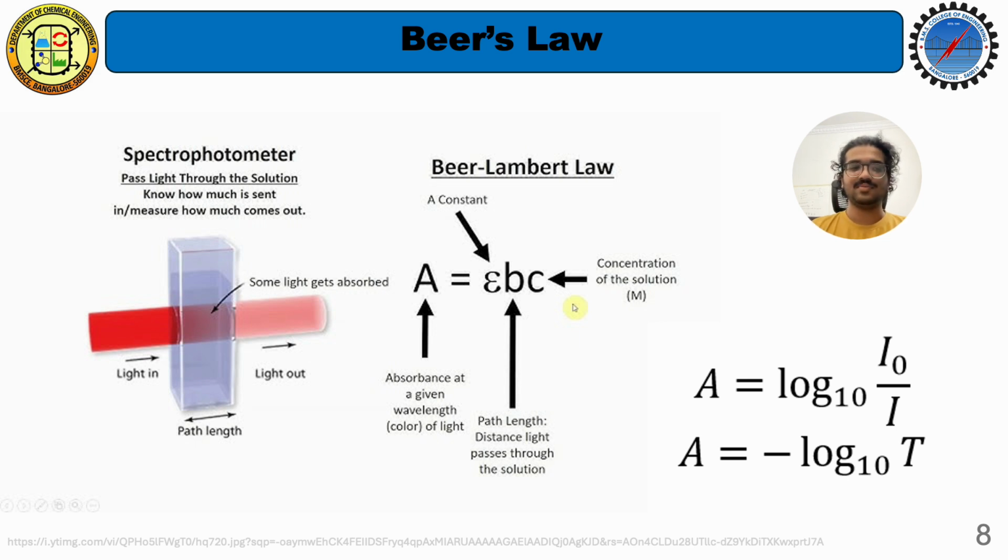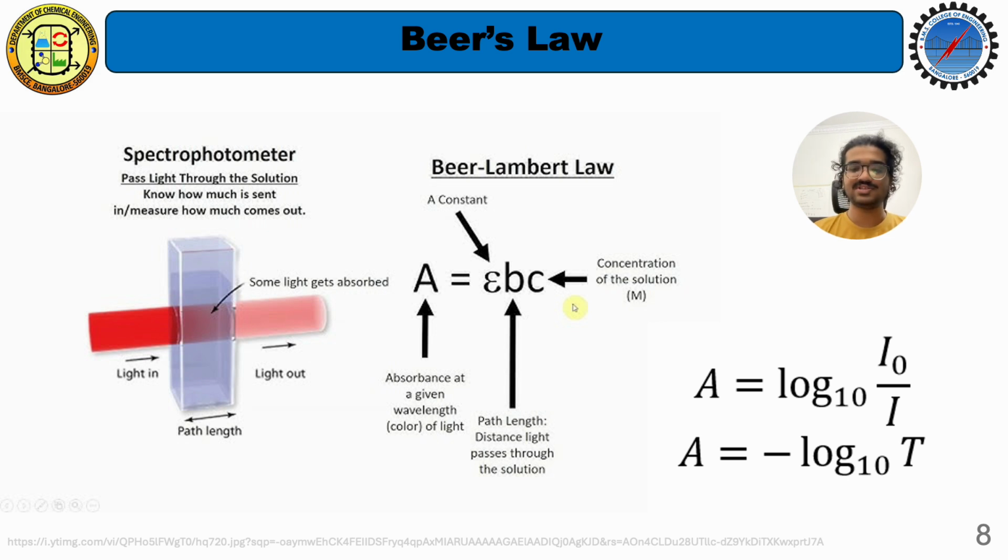So Beer's law states that the absorbance of a sample is directly proportional to the path length and the concentration of the sample. So absorbance can be equated using a sample epsilon multiplied by the path length and the concentration of the analyte sample.